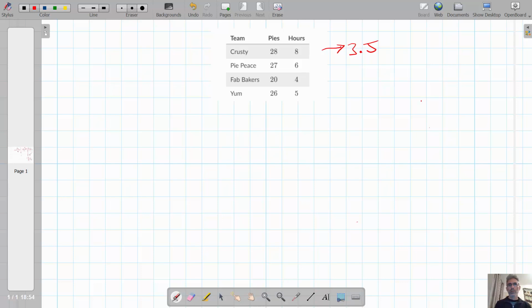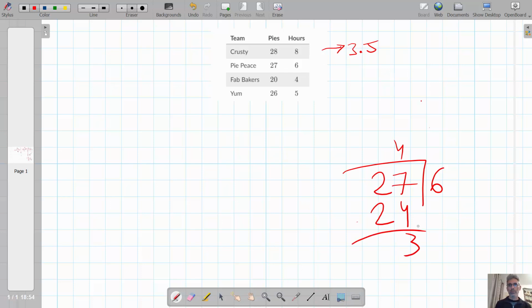27 divided by 6. 6 goes into 27 4 times. We are left with 3, right? Okay, so 4 and 3 over 6 is like 4.5.